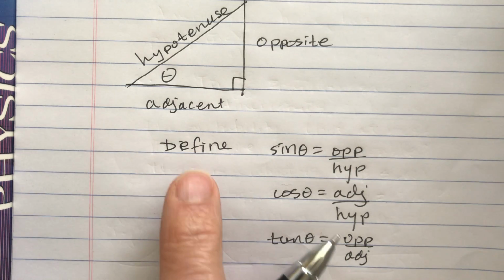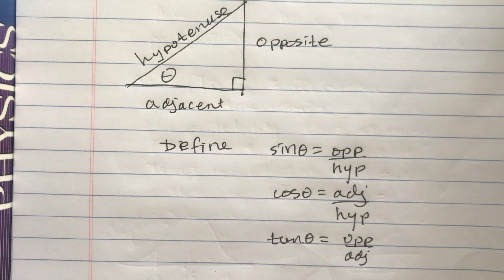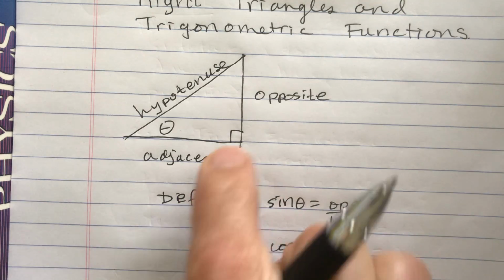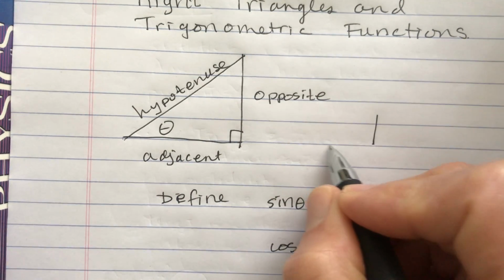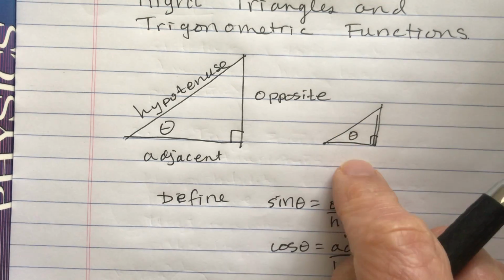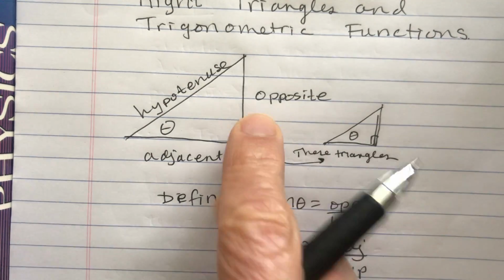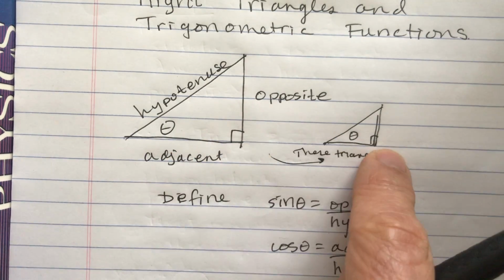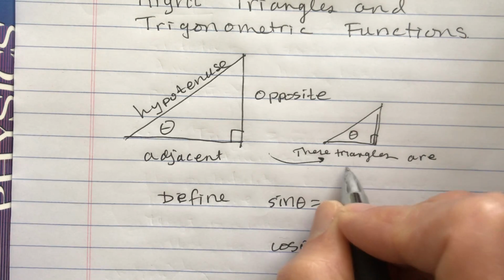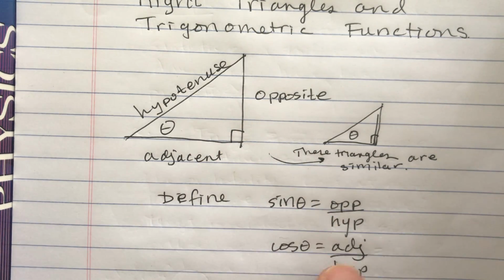All right, now what's going on is this is a ratio of sides, and the foundation of all of this is that regardless of whether I have this triangle big or not, it's relative to whatever you think big is, if I have the same angle here but this is smaller, say maybe the sides are half as long as the one on the left, these triangles are similar, and similar triangles have proportional sides, which means that these proportions of opposite to hypotenuse, adjacent to hypotenuse, opposite to adjacent are the same.